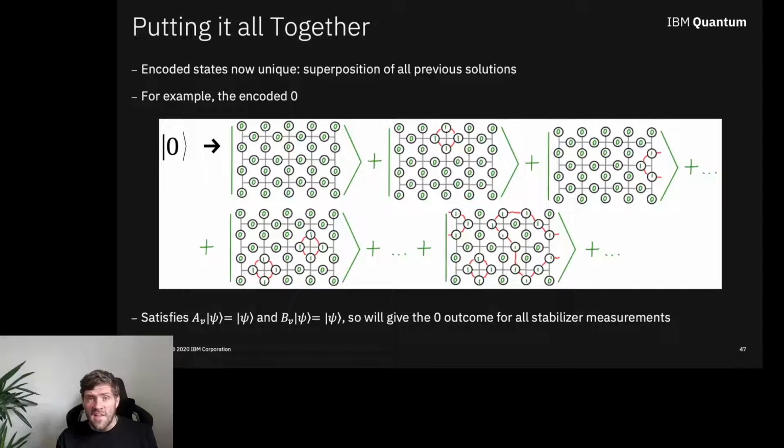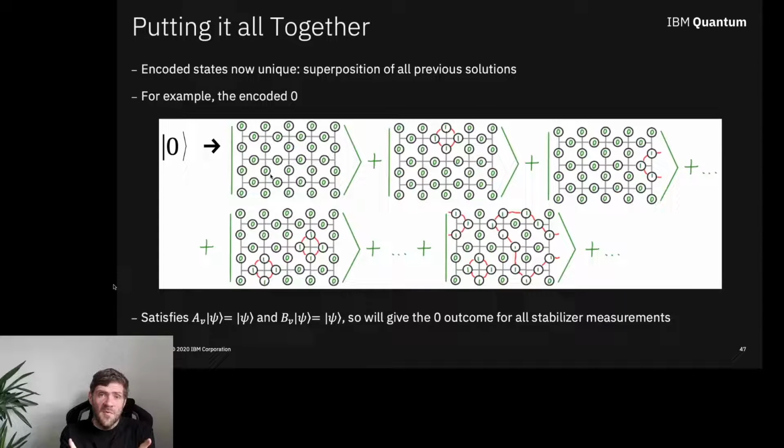More interesting is how it is an eigenstate of the vertex operators. So it also has to be such that when you measure any of the vertex operators, you get even parity. That means it has to be a +1 eigenstate of the vertex operators. If you think of, say, this vertex here, then if you were to apply the vertex operator, it would take this state and turn it into this state, and it would take this state and turn it into that state.